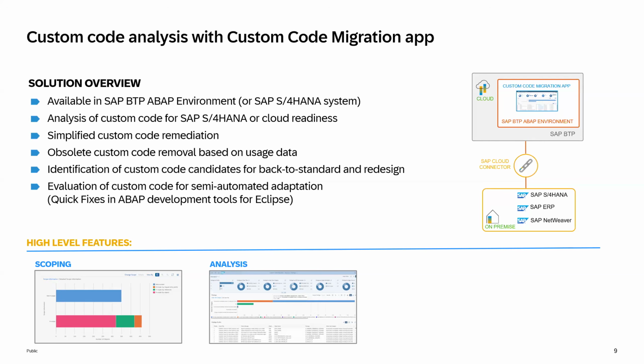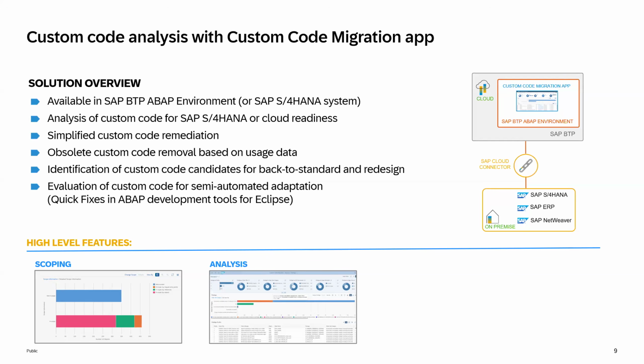The app is running on top of central ABAP test cockpit and is capable to analyze your code also for S/4HANA readiness. The advantage with regard to the traditional ABAP test cockpit is that you can also, if you use the app, consider the collected usage data for your custom code.